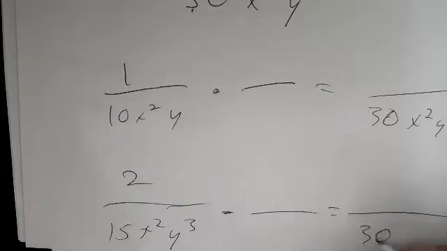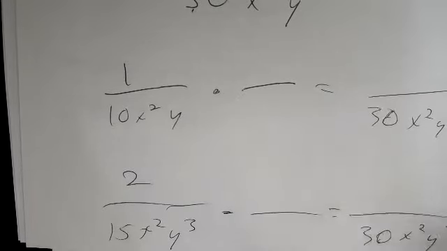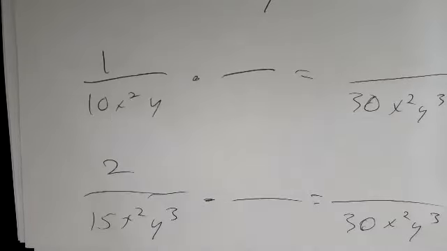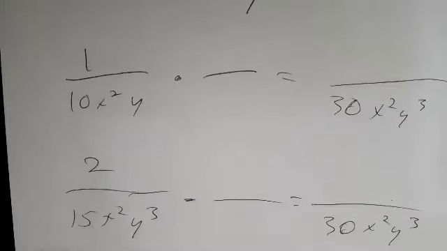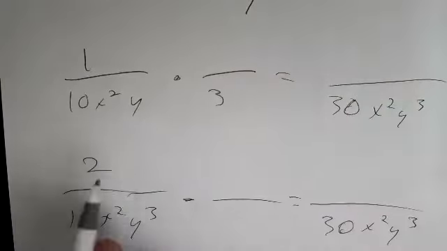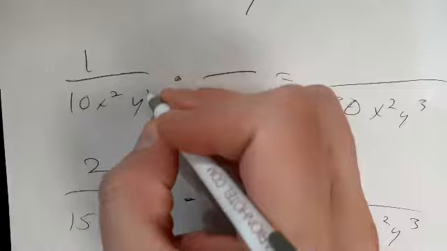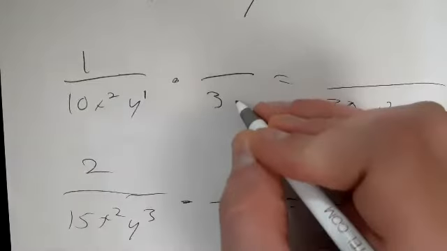Multiply this top and bottom by something we cancel to 1. 30x squared y cubed. Okay, so this should be your setup. In order to get from 10 to 30, I have to multiply by 3. My x squareds are there. My y to the first needs to become a y cubed.